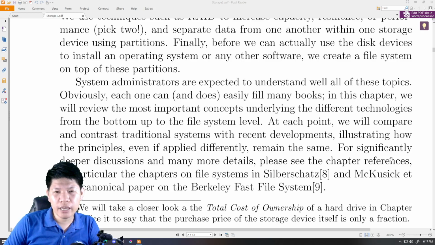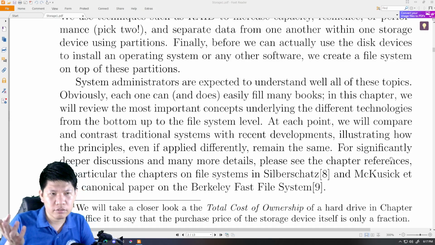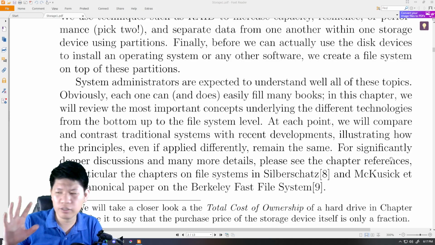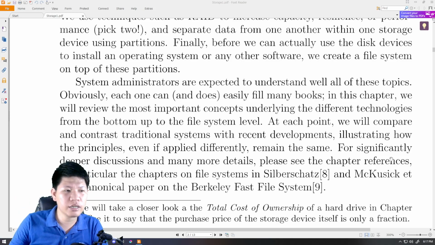which one can easily fill many books, or many can fill the slots for your hard drives or the servers that you are managing, just to provide any form of space as a requirement for your system administration needs.